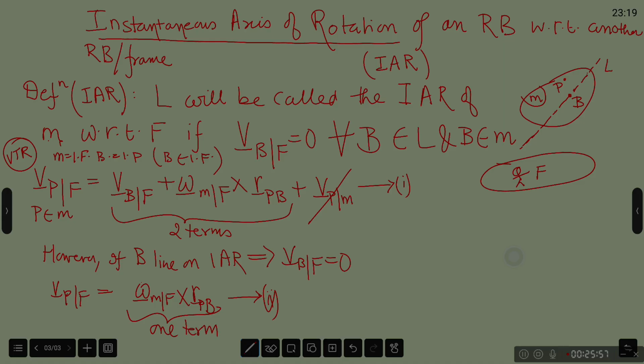There lies the motivation of knowing or trying to find the axis of rotation. If you know the axis of rotation, you can choose any point B on that. You can use that as the intermediate point, and if you use that point as an intermediate point, velocity of any particle P on the body can be expressed simply as one term, omega MF cross rPB.